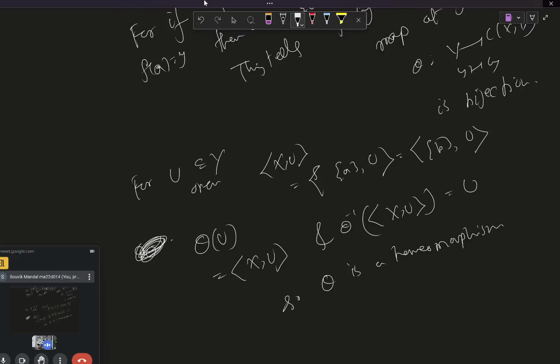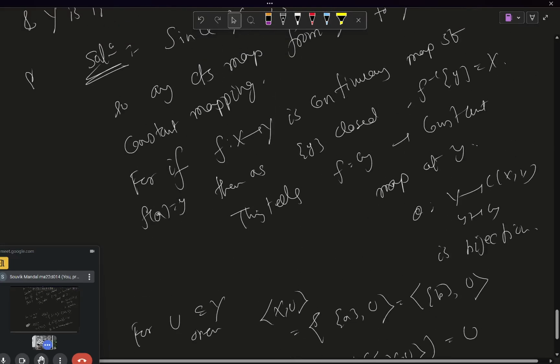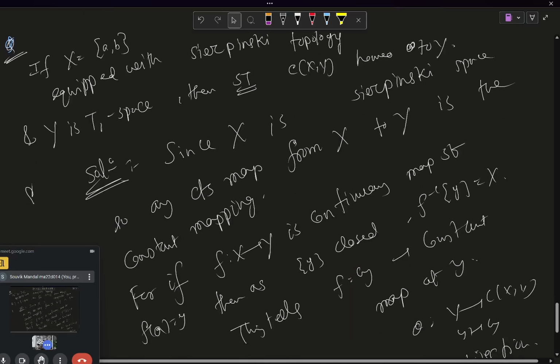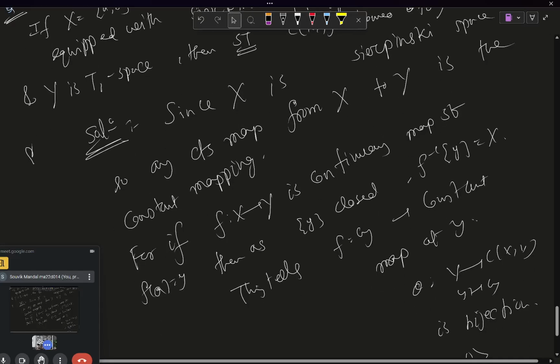So basically, let me repeat. X is a two-point set with the Sierpinski topology, and Y is given to be a T1 space. Now we need to show that C(X,Y) is homeomorphic to Y. Since Y is T1, any continuous map from X to Y is a constant map. So if f equals y, then the singleton is closed, and the preimage is the whole of X. So it is a constant map.